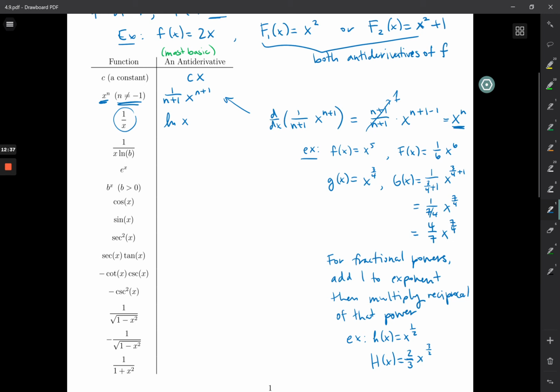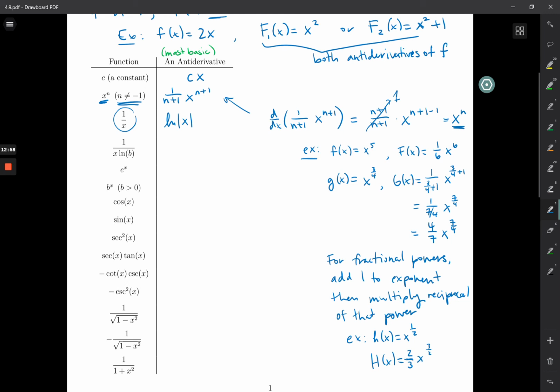Now, we will always have absolute values on this, right? The reason being that we know that the derivative of natural log of x is equal to 1 over x. We also saw that the derivative of the natural log of the absolute value of x was equal to 1 over x. It just had a larger domain.